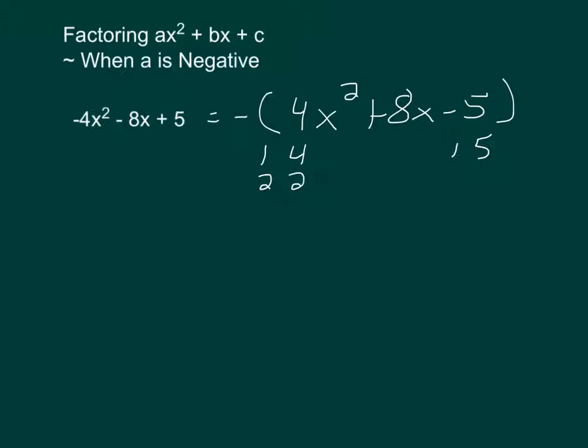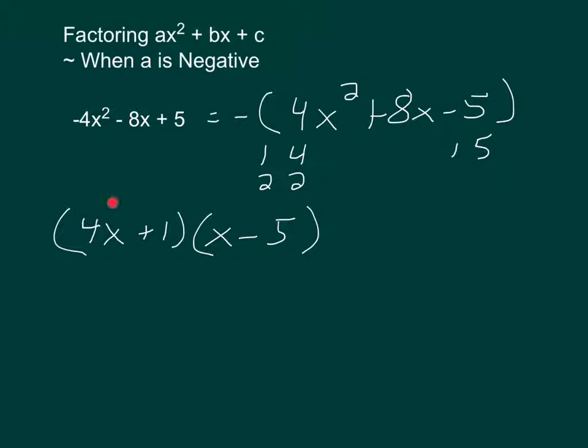So we'll try to do this here, and we'll say that maybe, we'll just take a guess, maybe I'm going to start with 4x plus 1, and then 1x minus 5. Something like that there. Using the 4 and 1 as this possibility, and the 1 and 5 as this possibility.